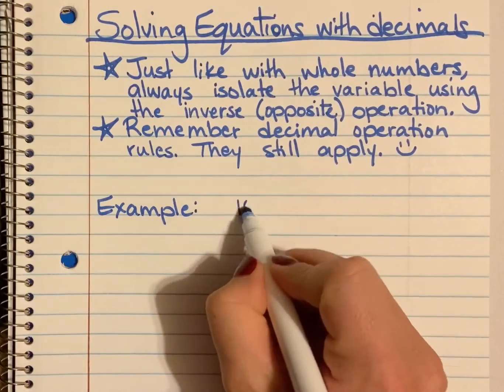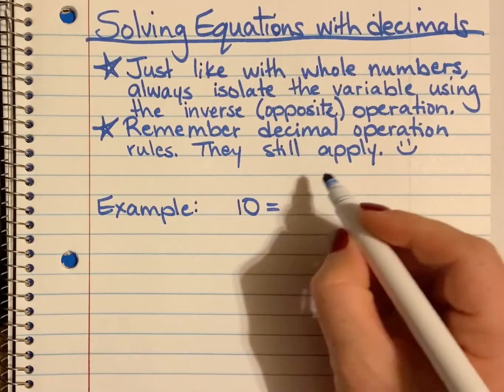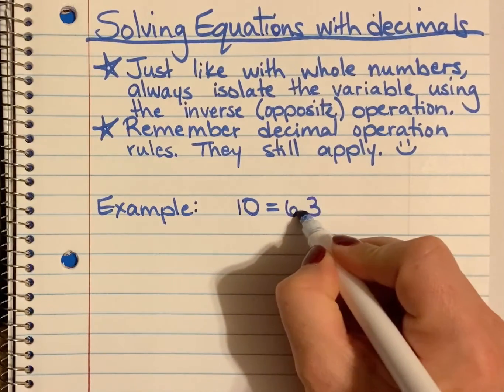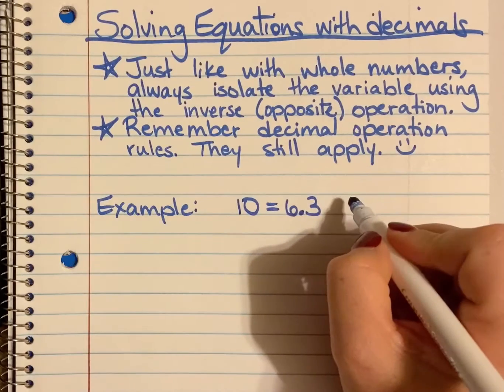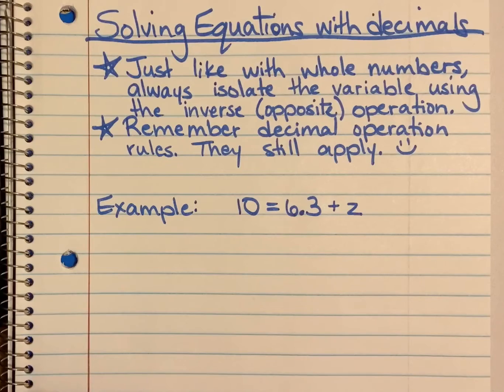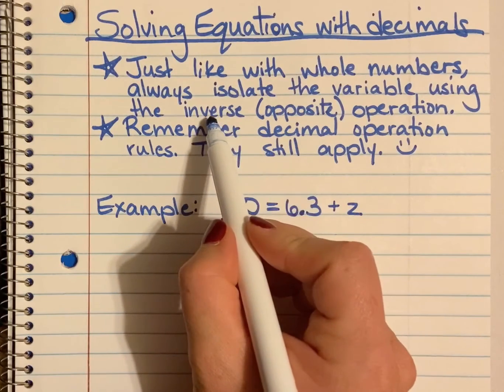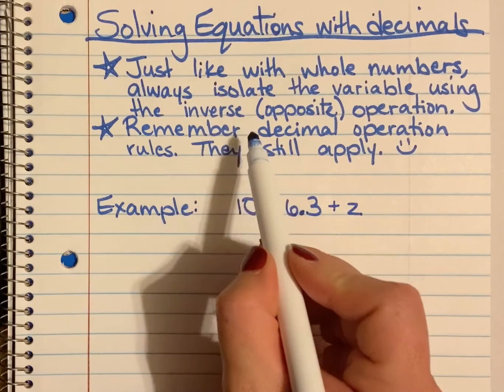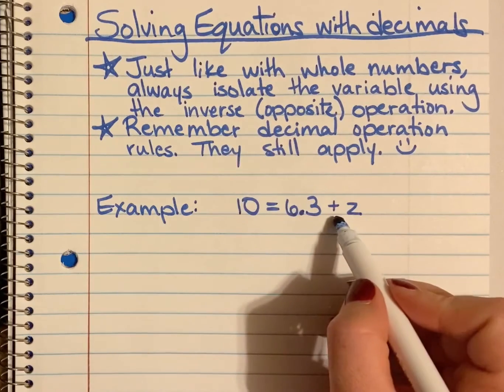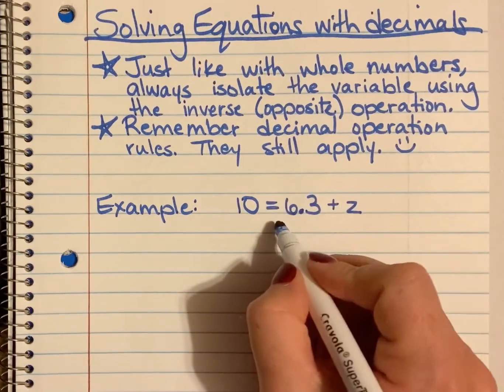If I have 10 is equal to 6.3 plus z. Remember, first I need to isolate the variable by doing the inverse operation. What's the inverse of addition? Subtract.